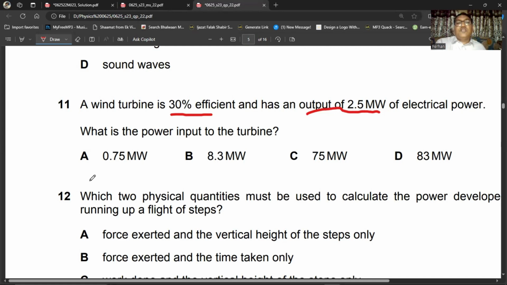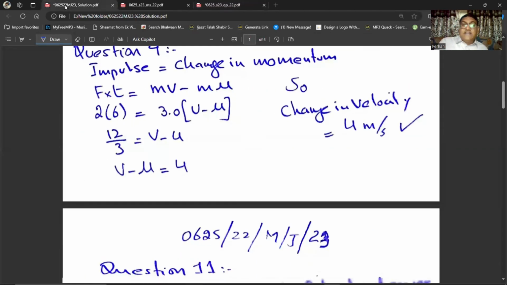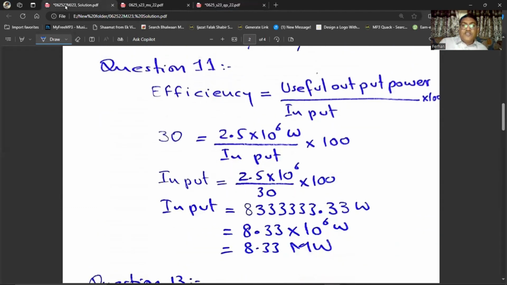You know the formula for the efficiency: efficiency is equal to the useful output power divided by the input power, multiplied by 100. So from there we can calculate this. It's an easy peasy question.